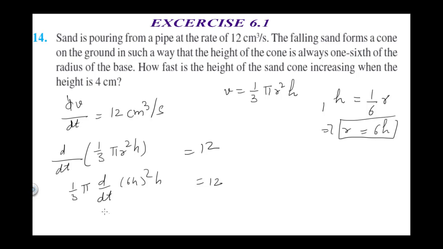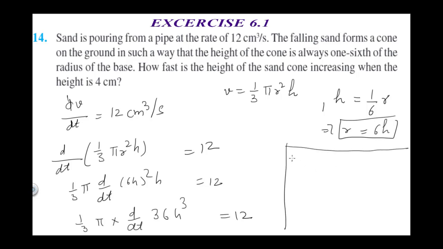So we will get here 1 upon 3 pi into d by dt of 36h cube equals 12. Solving it further, we will get 1 upon 3 pi into 36 into, h cube will be 3h square, equals 12. Also we have done for h cube, then we do for h, we get dh by dt along with it.